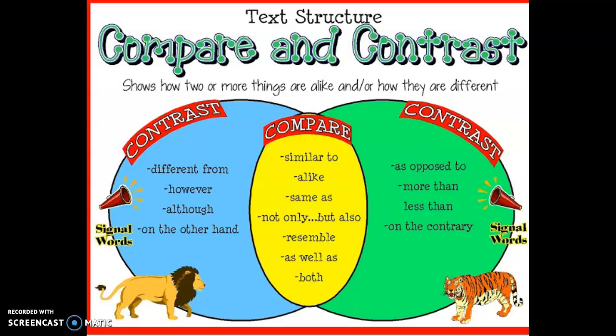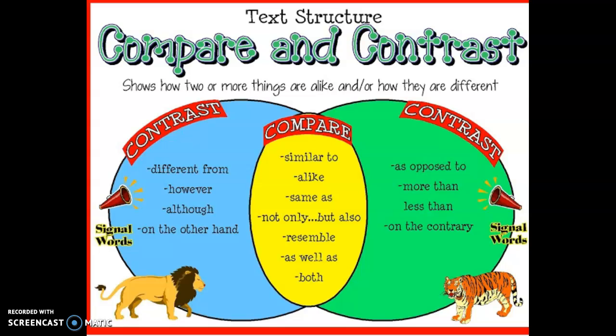Okay, again, being able to identify similarities and differences helps our ability to analyze the things that we're reading so much better. Okay? And so, our goal today is to quickly review what compare and contrast means.